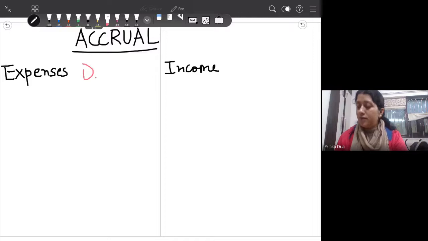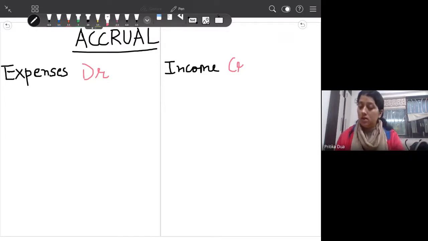Same is the case for incomes. If you have direct income, that is sales, it is recorded on the credit side of the trading account. And then if you have any other indirect income, then it will be recorded on the credit side of the P&L account. So everything is good to go when we have expenses and incomes in cash.